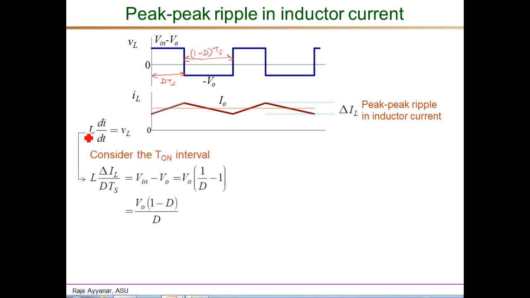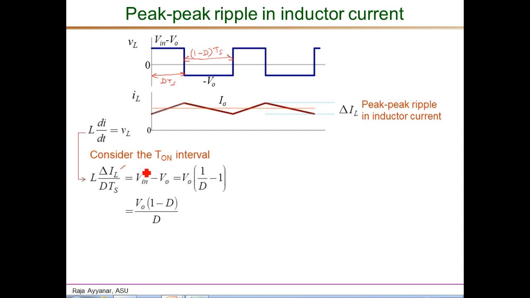So during the on interval, if we substitute the correct quantities in this expression, this is L, and di, the total change, is by definition delta IL, so that is shown here, and dt, the change in time, is the total duration of this interval, which is duty ratio d times Ts, and that is equal to the inductor voltage during that interval, which is a constant, equal to Vin minus Vo.